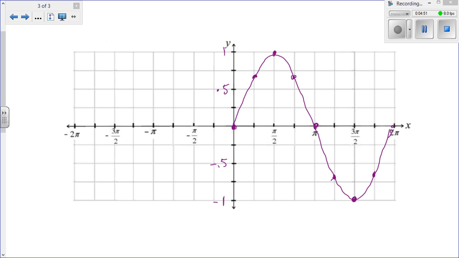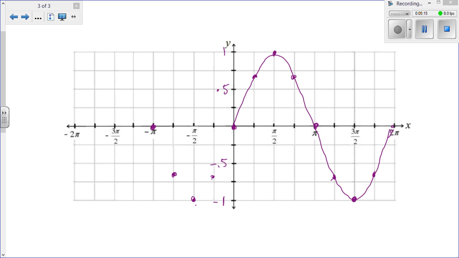2 pi to 0. Well, if you notice, it's continuous. It's up and it goes down, and I'm going to keep going backwards here, so I will be at negative 0.7. And at negative pi over 2, I'd be at negative 1, and then negative 0.7, and then at negative pi I'll be at 0.